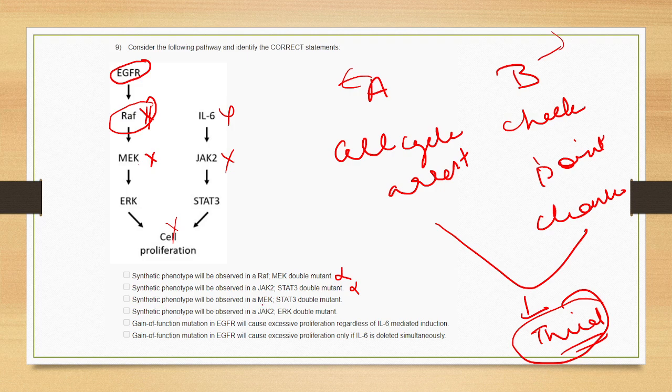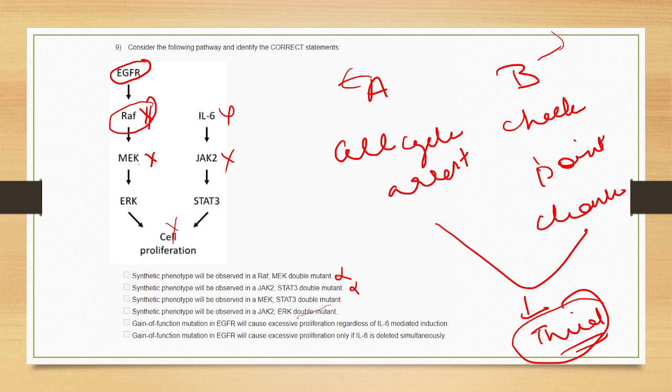Now come to the third option. Synthetic phenotype will be observed in a MEK STAT3 double mutant. Now that is something we can see because MEK belongs to a different pathway and STAT3 belongs to a different pathway. So double mutant means both MEK and STAT3 are mutated. Suppose it was written JAK2 STAT3, sorry, MEK STAT3 single mutant. If single mutant is written, then it will not show a synthetic phenotype.